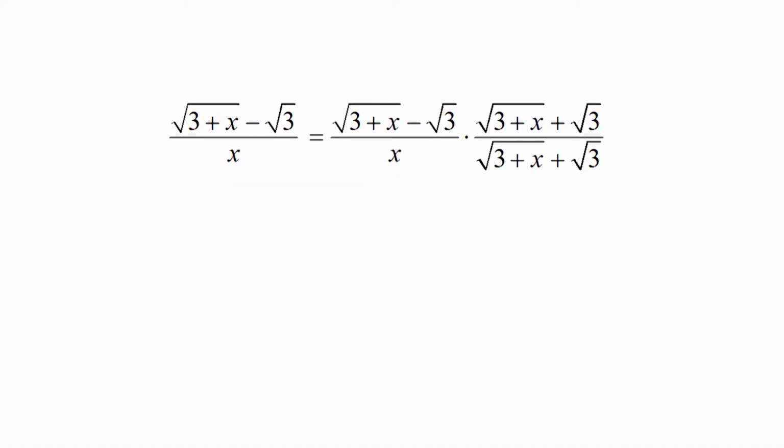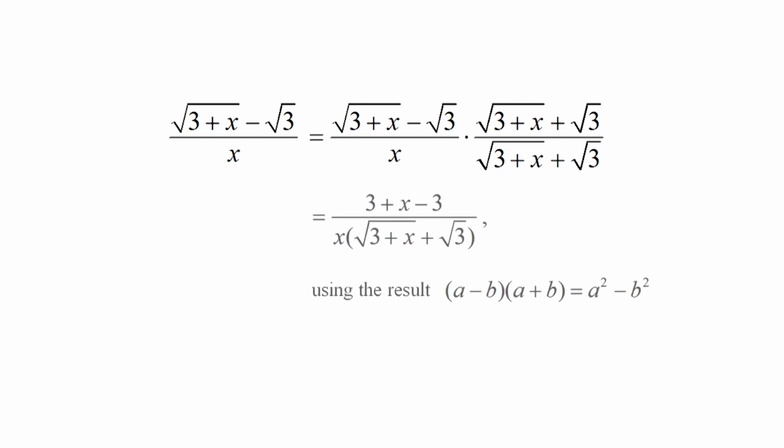(√(3 + x) − √3) upon x equals (√(3 + x) − √3) upon x, into (√(3 + x) + √3) upon (√(3 + x) + √3), equal to (3 + x − 3) upon x(√(3 + x) + √3).